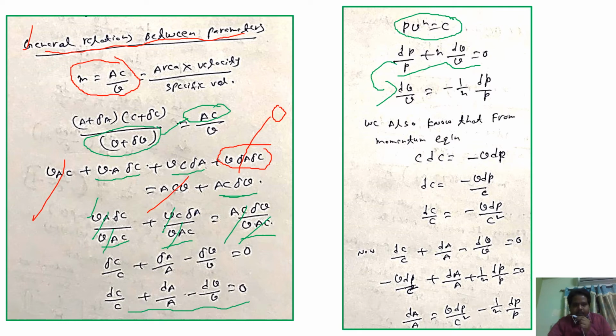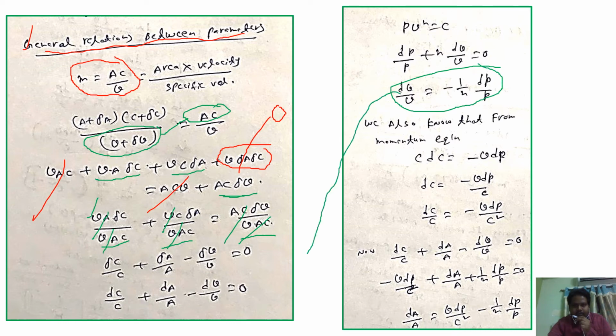Now this equation we will substitute here in place of dV by V. We also know that C dC equals to minus V dP. This we already derived.